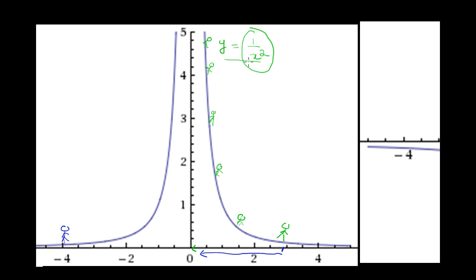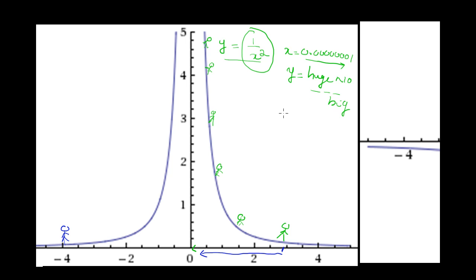If x is very, very small, say x is equal to 0.000000001, then imagine what will be the value of y. Y is going to be a very huge number. If x is very, very small, then y is going to be very, very big.